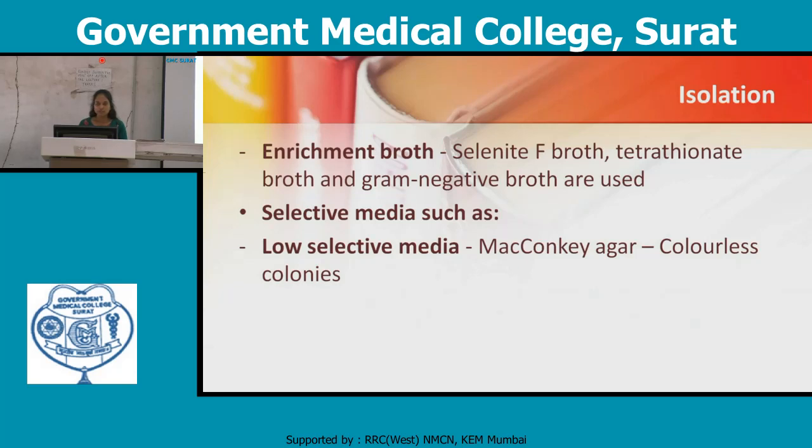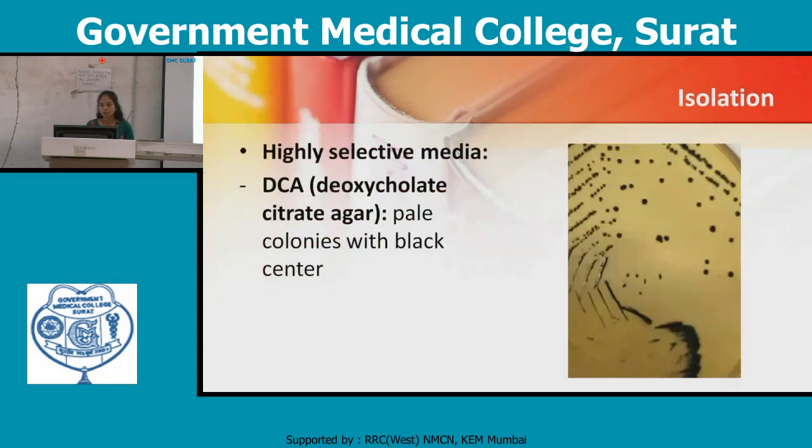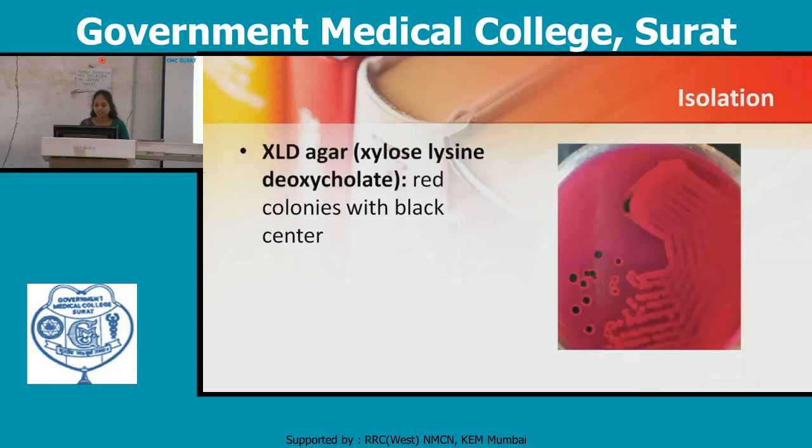Selective media: low selective media, that is MacConkey agar, where colorless colonies are present. Highly selective media: deoxycholate citrate agar, as the figure shows, gives pale colonies with black center. XLD agar, xylose lysine deoxycholate agar, gives red colonies with black center.